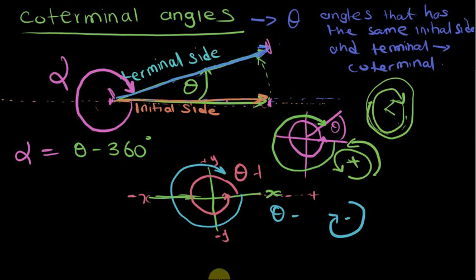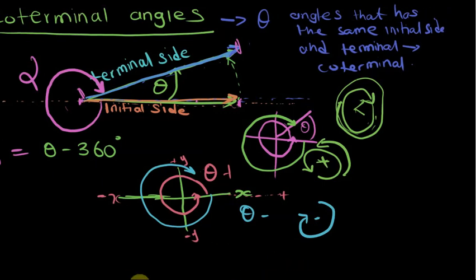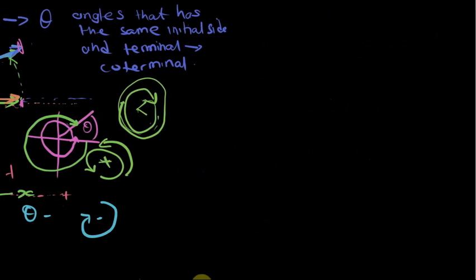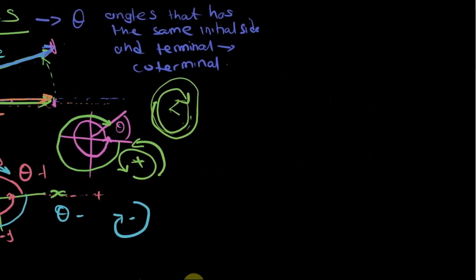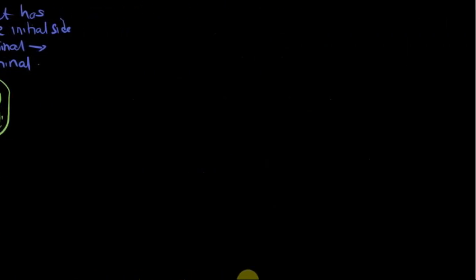In our previous video, we had a discussion about coterminal angles, and I mentioned something about reference positions of angles. That is to say, in which direction is an angle taken as positive and in which direction is an angle regarded as negative.